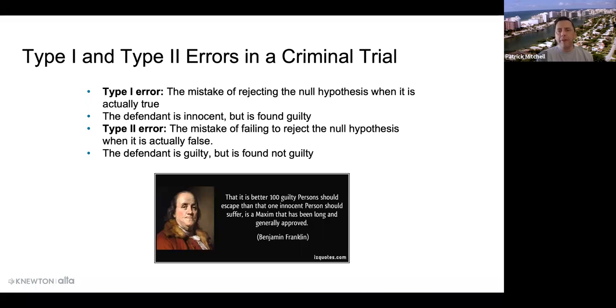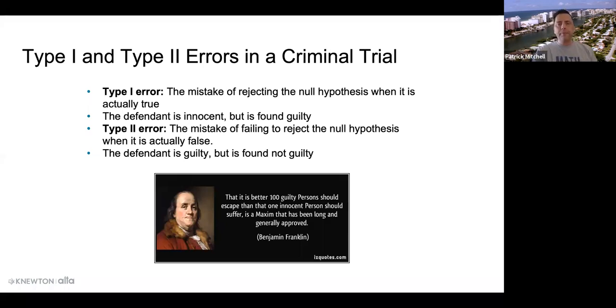So what Benjamin Franklin is saying here is that in the criminal justice system, we don't want to make type 1 errors. We want that to be very, very, very unlikely, right? Because a guilty person escaping, that would be a type 2 error. An innocent person suffering would be a type 1 error.